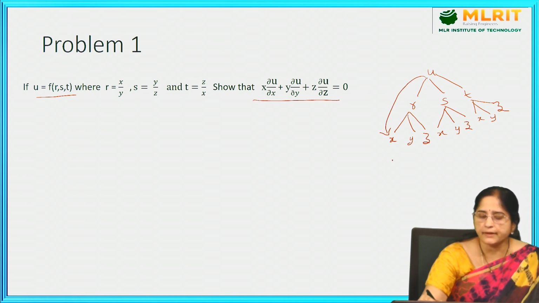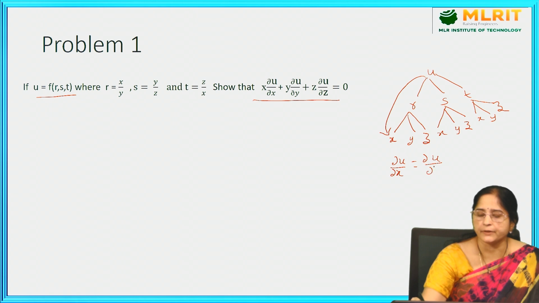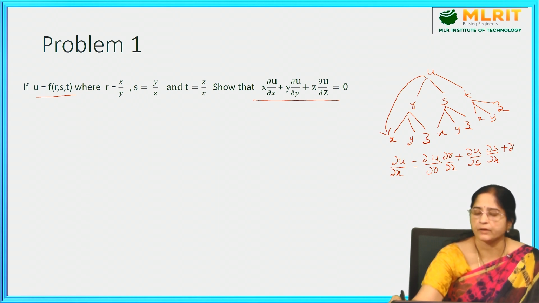The formula for dou u by dou x is dou u by dou r into dou r by dou x plus dou u by dou s into dou s by dou x plus dou u by dou t into dou t by dou x.